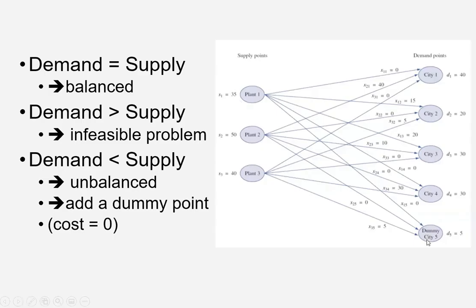So you add a new demand point, dummy CD5, which doesn't exist, that has a demand of 5. What's that 5? It's the excess total supply that we have compared to total demand. Total supply 125, total demand 120. The difference goes to the demand of this dummy point, dummy city, dummy node.